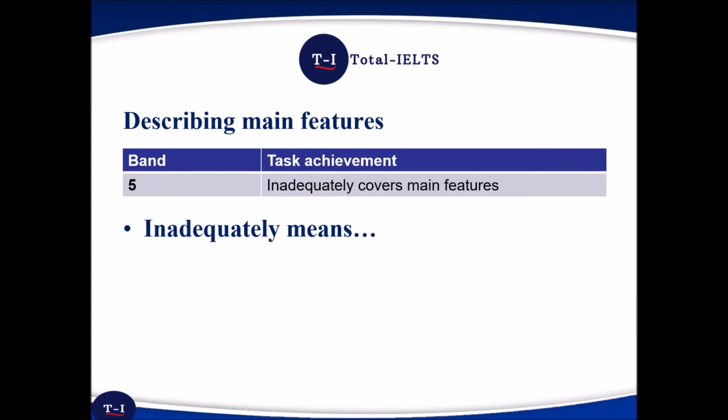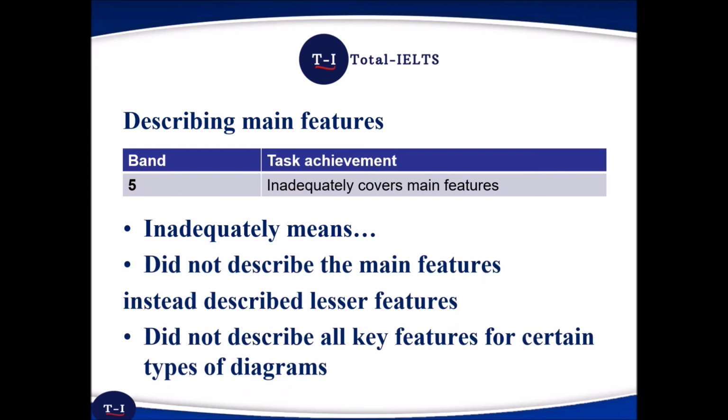Band 5 is also given for inadequately covers main features. Inadequately means did not describe the main features, but instead describe lesser features, or did not describe all the key features for certain types of diagrams.